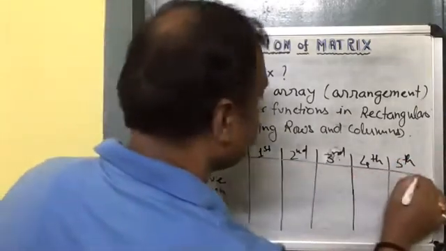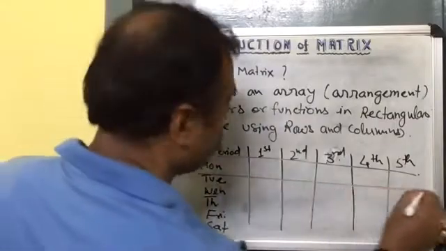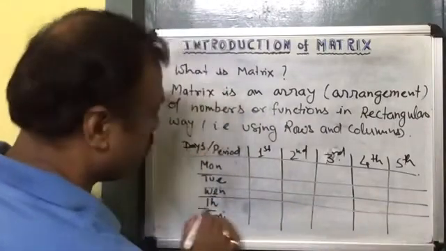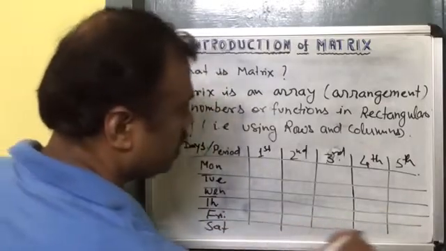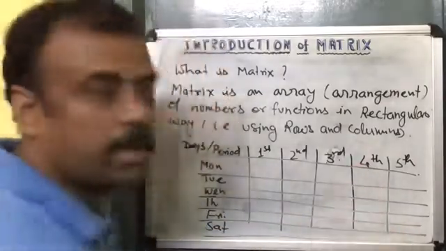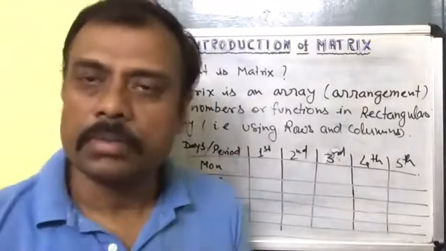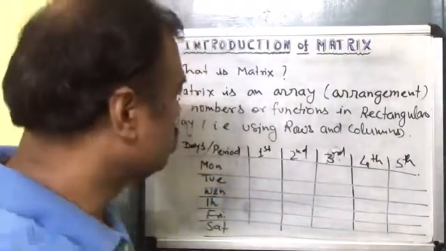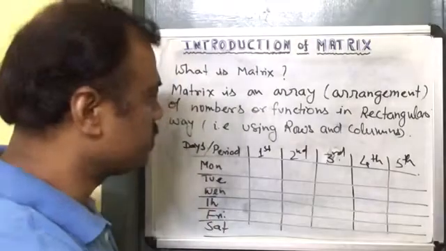So, using this information, this is also an example of a matrix. I have given only 5 periods, but in most schools 8 or 9 periods are there. So this is the example of a matrix. Why?